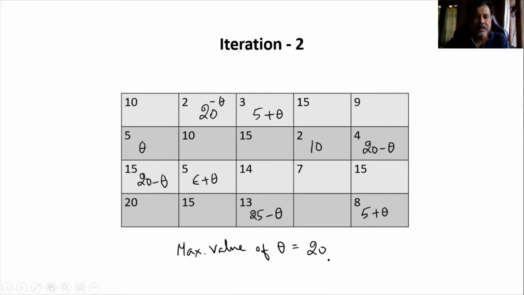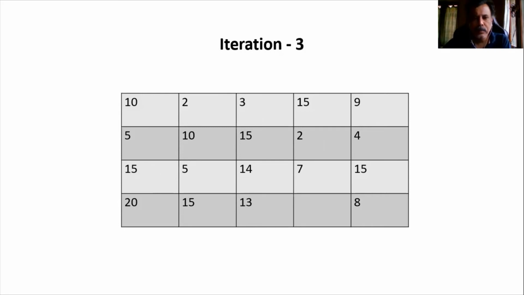So based on this theta value, we will create the new table and write there the revised quantities or new allocated quantities. Let us do that. So what will happen now?